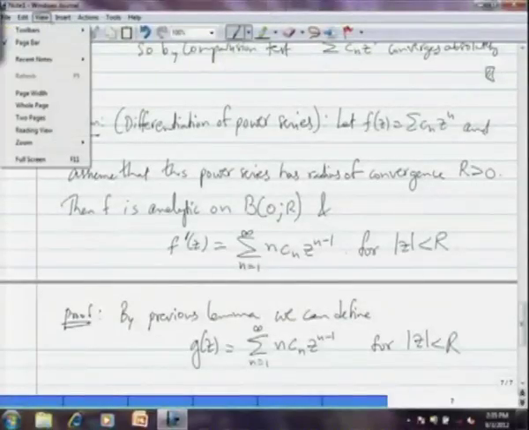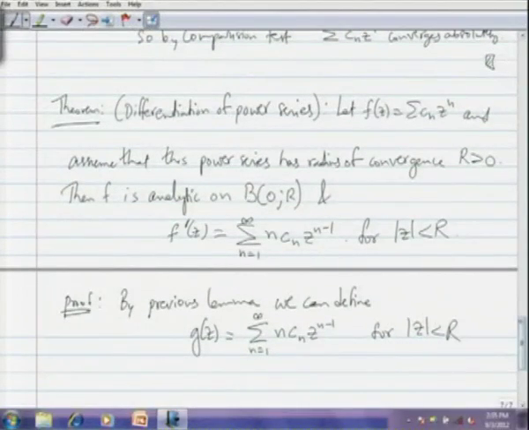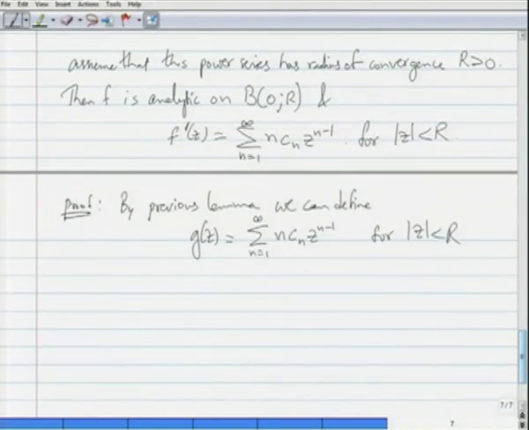Okay. So, now what we want to show is that this g of z is indeed f prime of z. Okay.